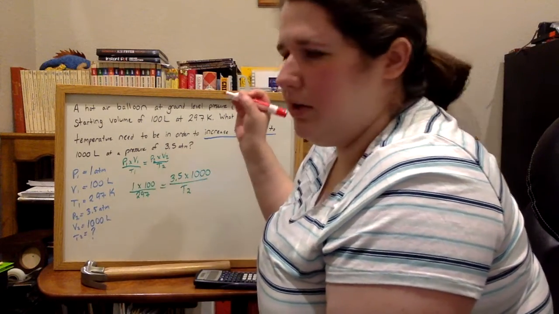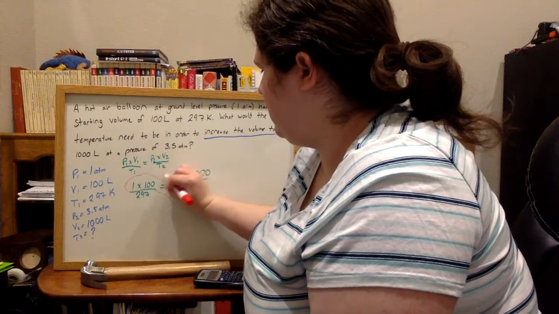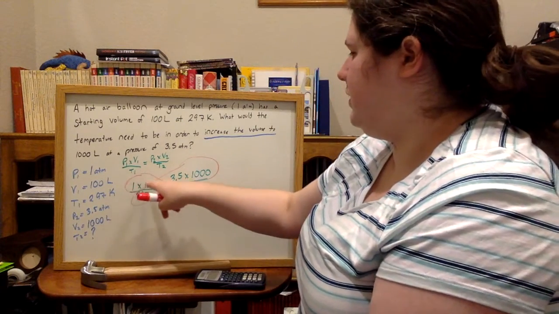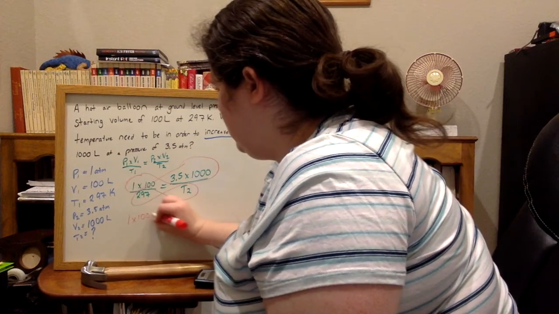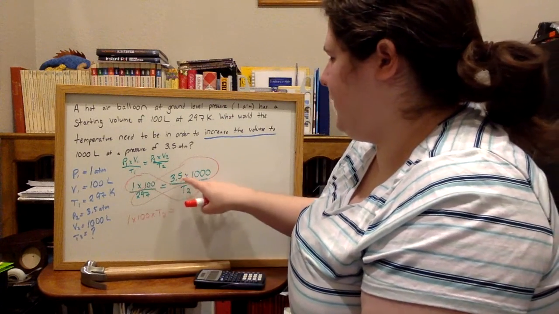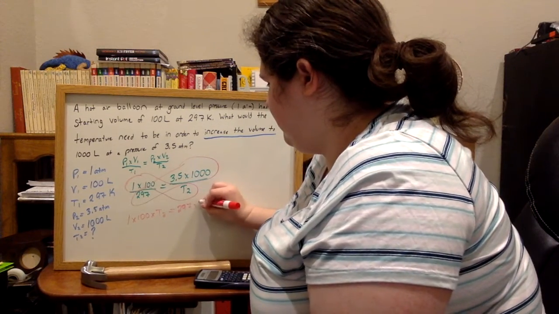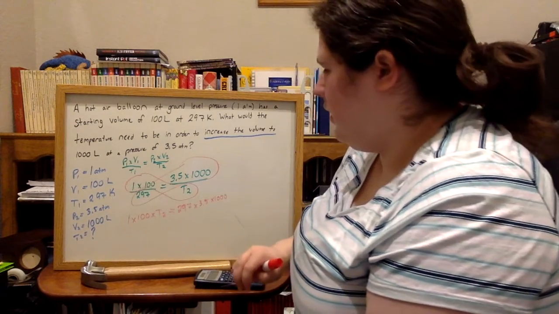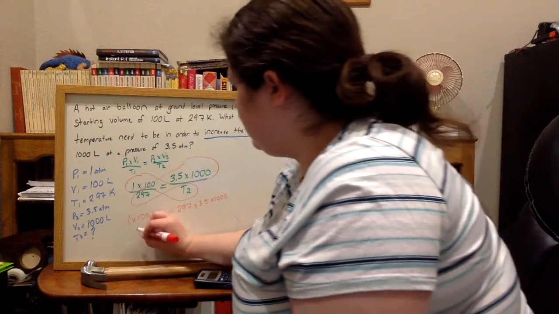Okay, so I've plugged in my variables, and now I'm going to solve. Again, I'm going to use the butterfly or cross multiplication method. So I have 1 times 100 times T2 is equal to 297 times 3.5 times 1,000. All right, let's simplify. 1 times 100 is just 100.